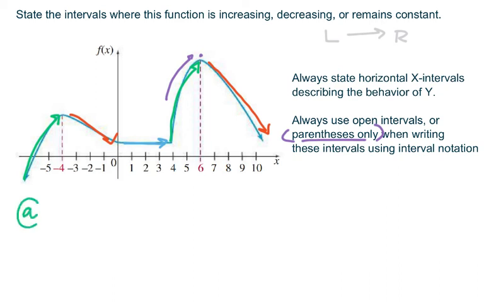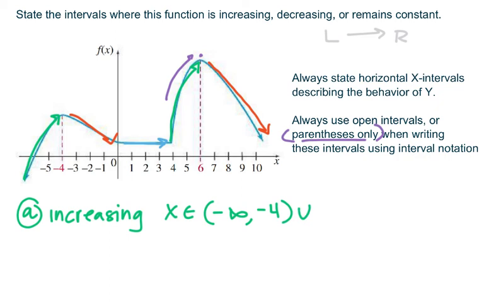So if I were to say, well, where is this increasing? We have a situation where my y values are increasing from negative infinity, because the graph continues off to the left forever, so that means my x values go from negative infinity to -4. Or we can use a union symbol here. Sometimes textbooks will have you just draw a comma, but I believe a union symbol is what's acceptable.